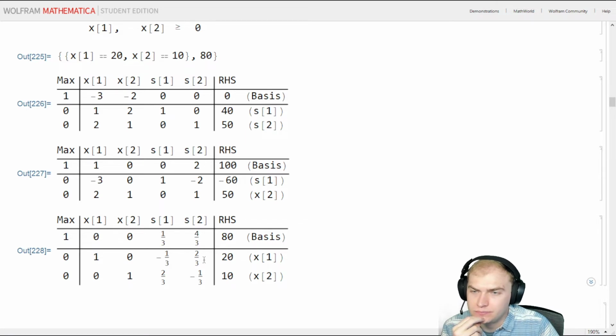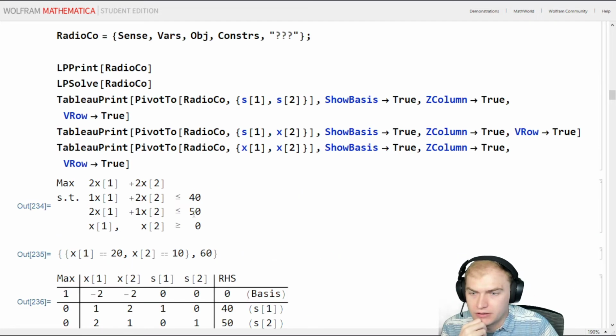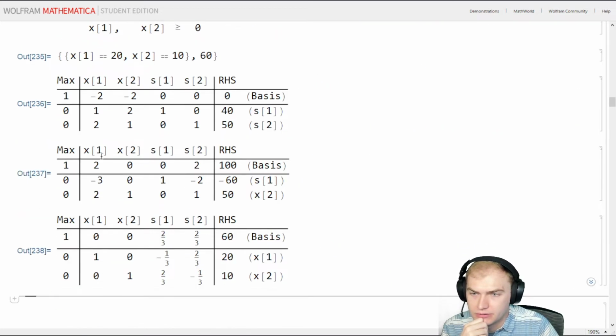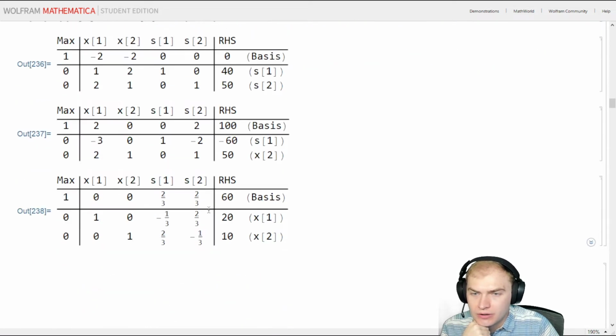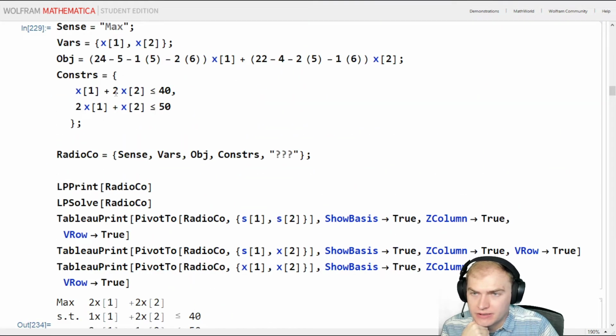So if we had 24 here, we have a 2 there. We subtract an additional 1. So I suppose we can see this relationship in this case.